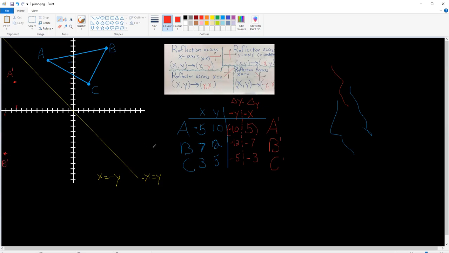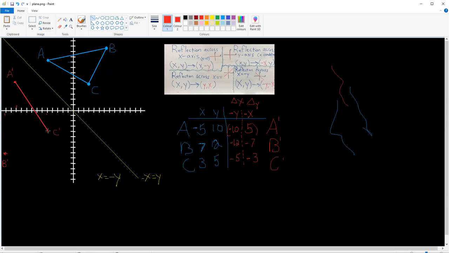And then C prime is going to be negative 5, 1, 2, 3, 4, 5. Okay, so I'll connect the dots after I label that. C prime, and I'll connect the dots.